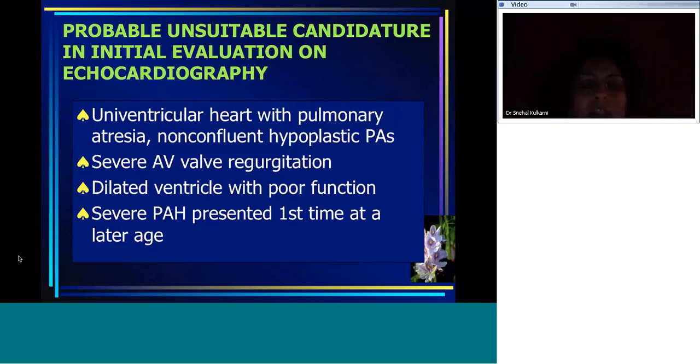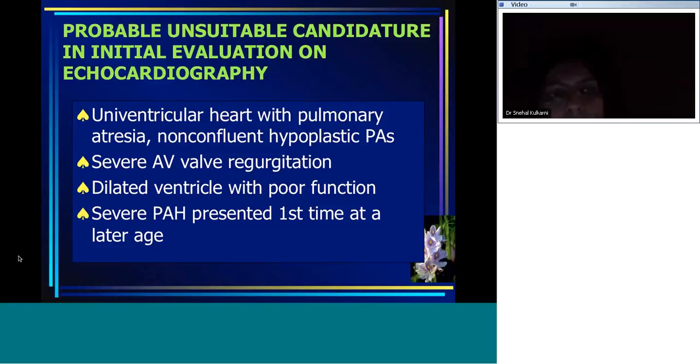So in your initial evaluation on echocardiography, if you find any of these subsets, many times you have to question whether you really want to push them for a univentricular heart repair, because they are probably not suitable candidates on initial evaluation. So in a nutshell, echocardiography forms a very important tool in initial assessment.